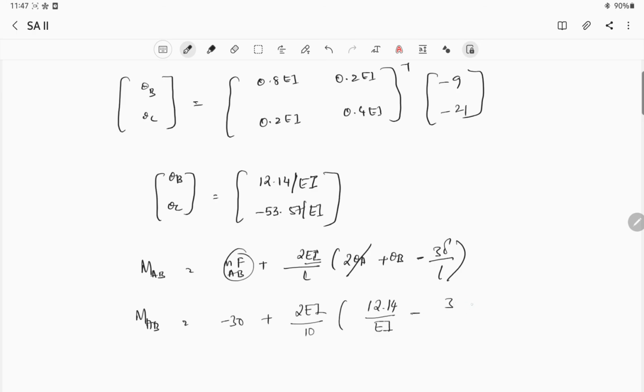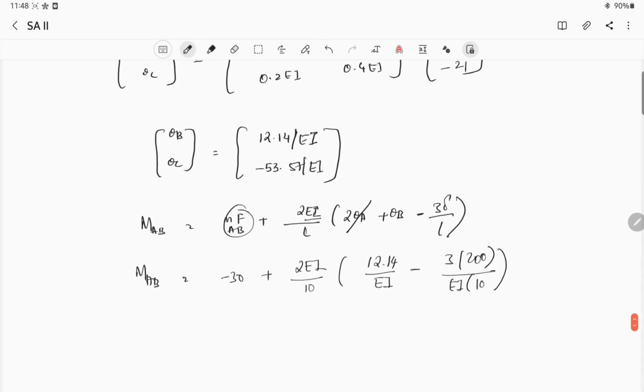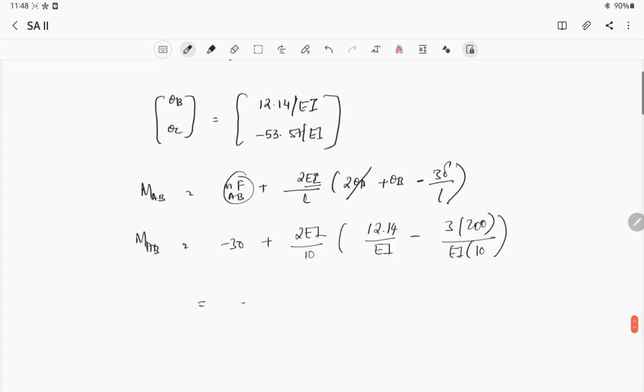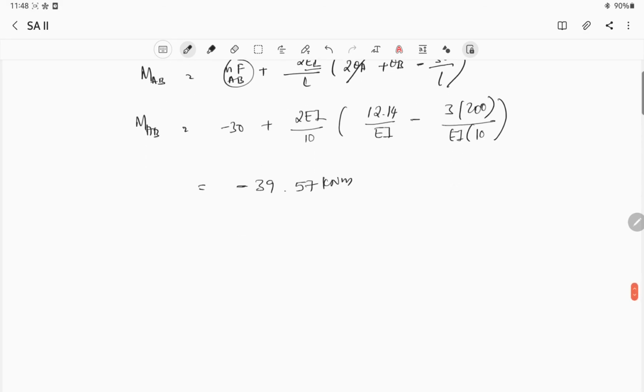What is the value of sinking of support? 200 by EI into L is 10. Simplify this one, you will get the value as minus 39.57 kilonewton meter.